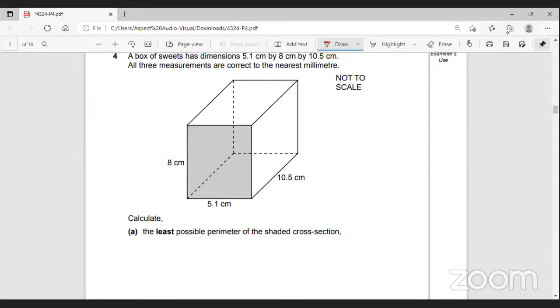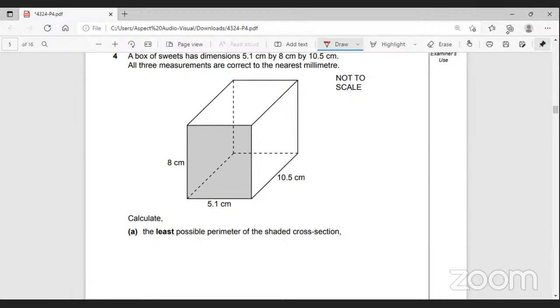So what are we going to do? Yes, it is upper bound and lower bound.